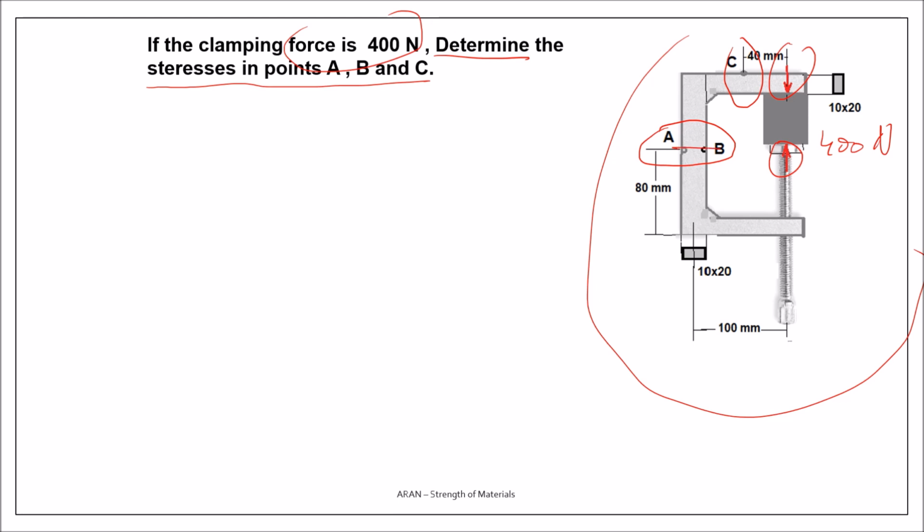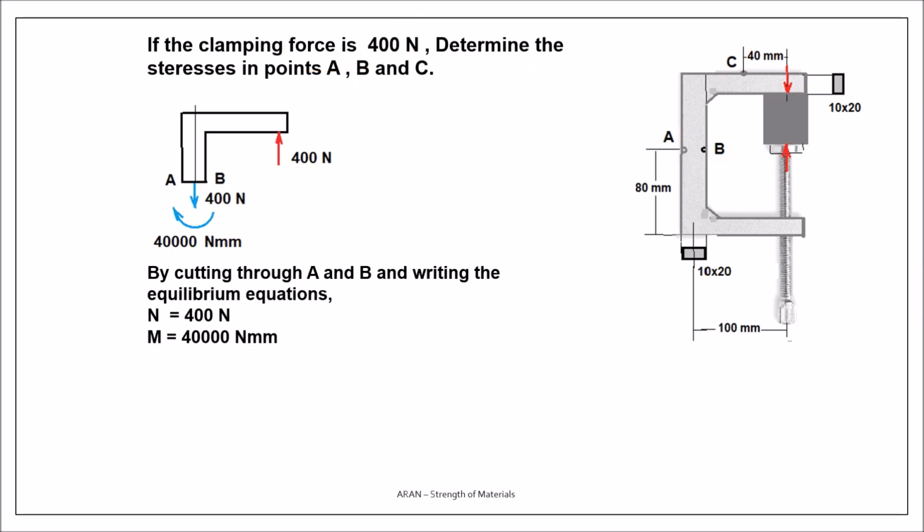First, we take this section. What we do is we first cut and try to find out the internal forces and moment in this section. You see I made a cut and have taken this part and drawn the free body diagram. I know the clamping force which is acting, and in the section AB, what internal forces and moments are acting.